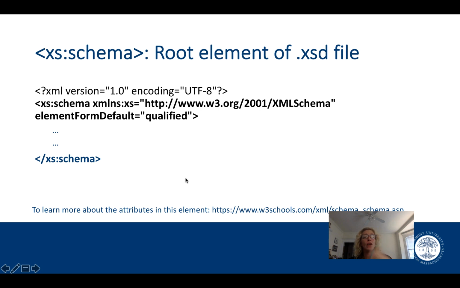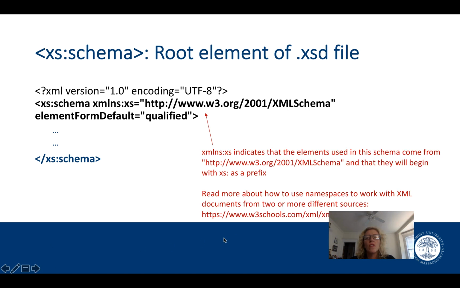Here you have your declaration, and then we have this line, xs:schema. This indicates that the elements used in this schema come from here, and they will always begin with xs as a prefix. If you want to read more about namespaces, there's a link on these slides that are up on Moodle for you.